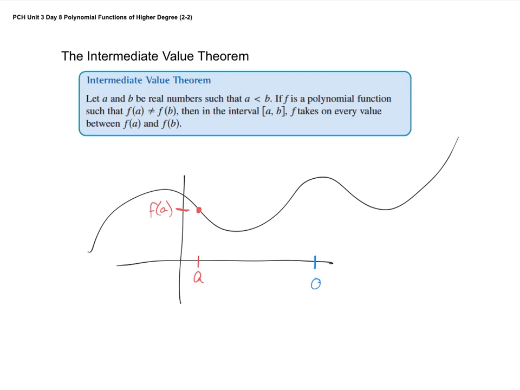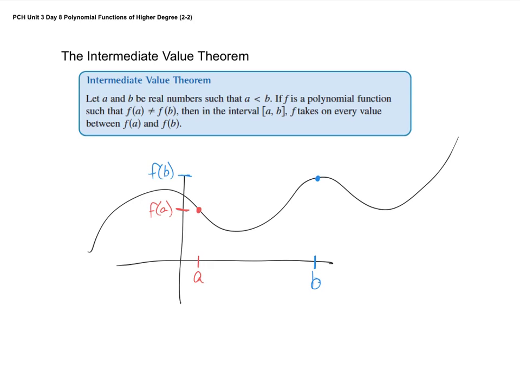Let's say this is B. So here we have f of B. Notice f of A does not equal f of B. It could be greater than, it could be less than, as long as it's not the same. That's all we care about.